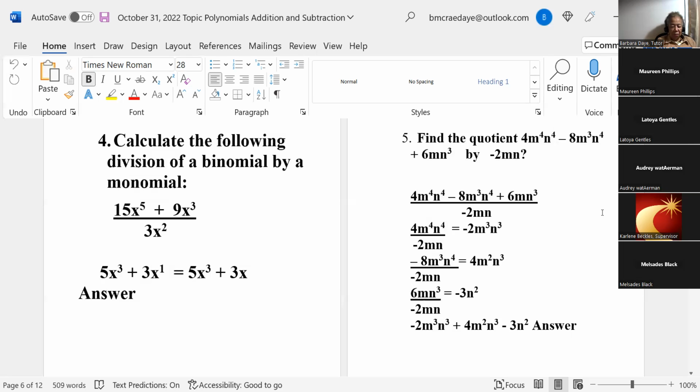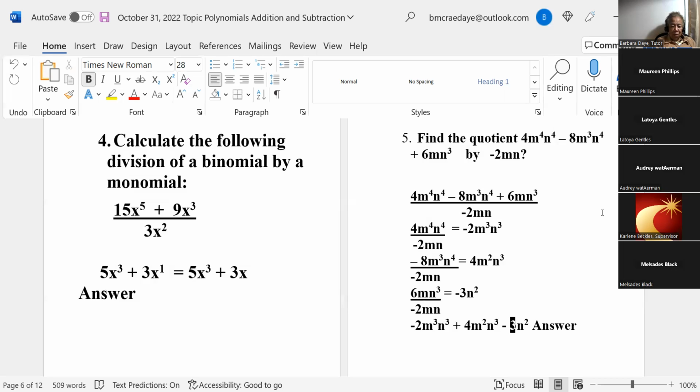Questions on this number? Yes. So like how the 2m is there. I thought the 3's would come before the 2 in the order. No, standard form of a polynomial is highest power to lowest.